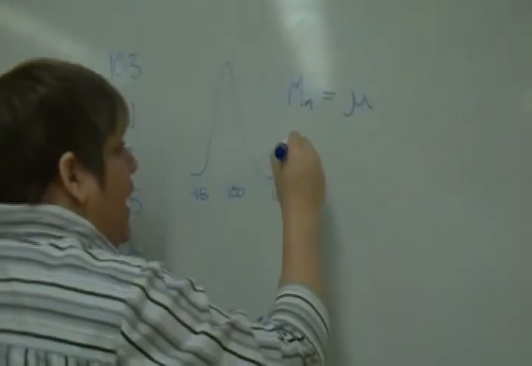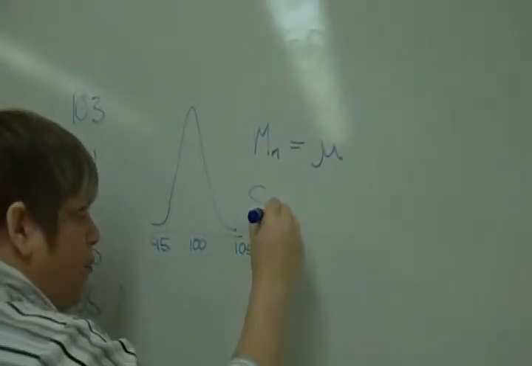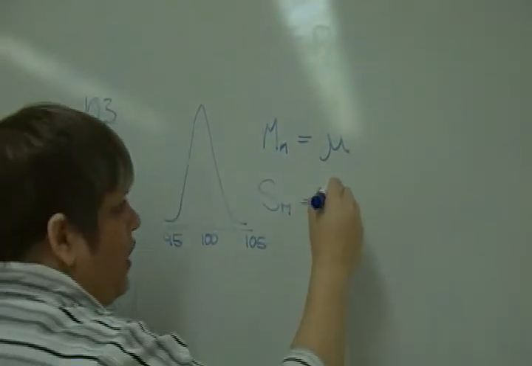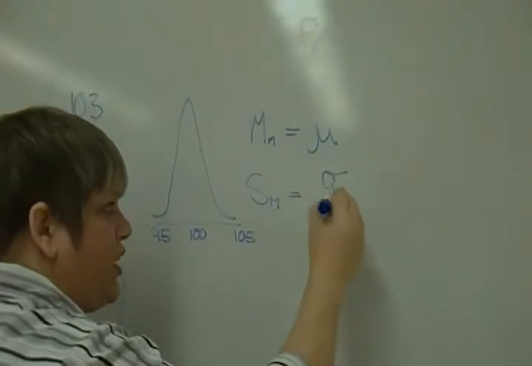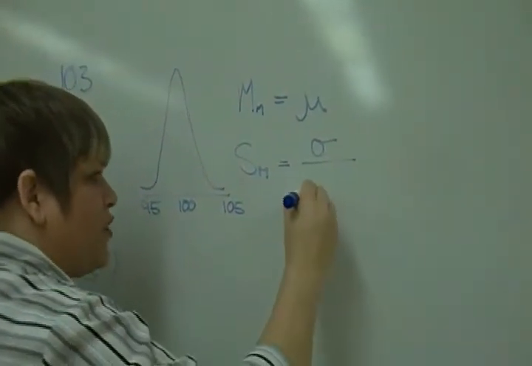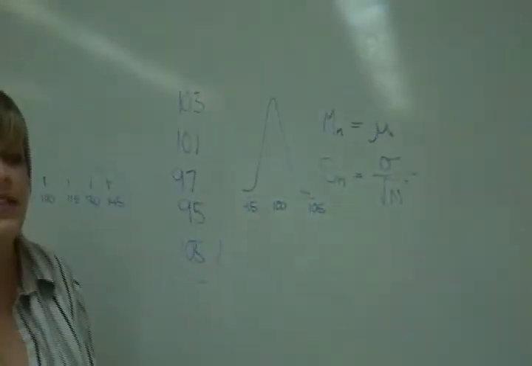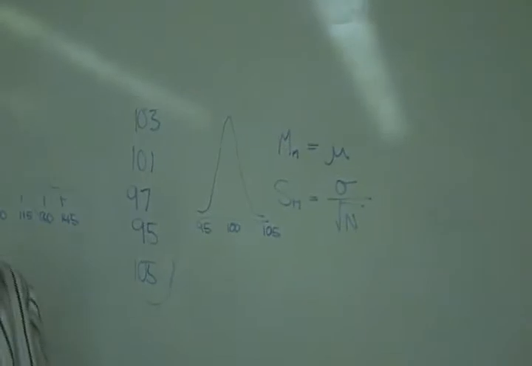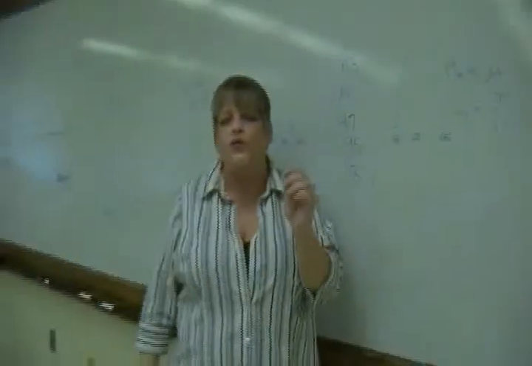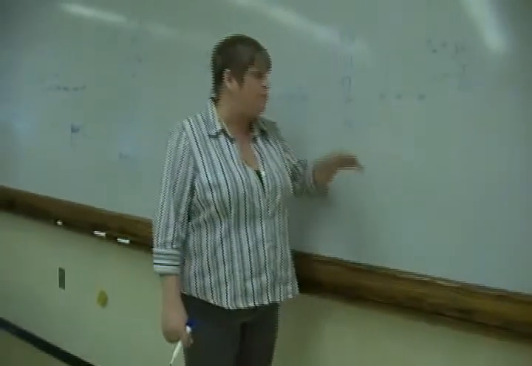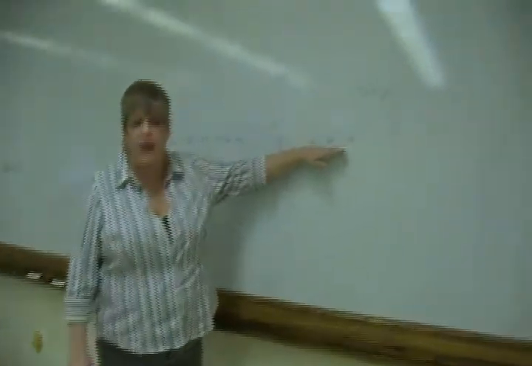So the standard deviation for the distribution of means is going to be equal to the standard deviation for the population divided by the square root of n, okay? Now, the reason we divide by the square root of n is, let's just say, the bigger my n gets, the closer my sample is going to be to the actual population mean.